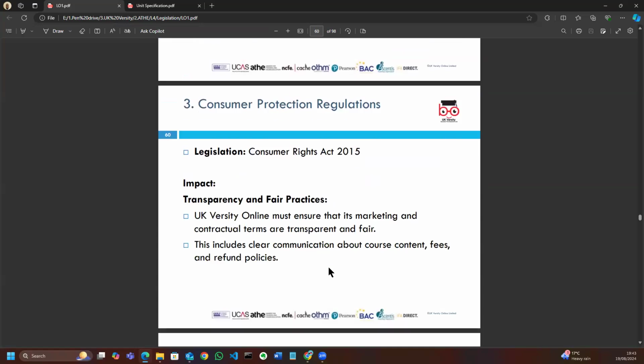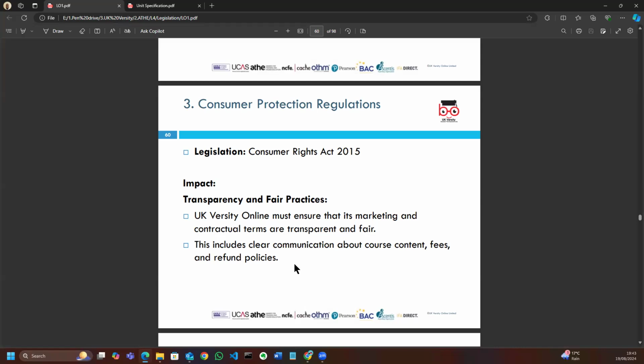Then we have consumer protection regulation, where this legislation is the Consumer Rights Act 2015, where we're going to have transparency and fair practice, where UK Versity must ensure that its marketing and contractual terms are transparent and fair.